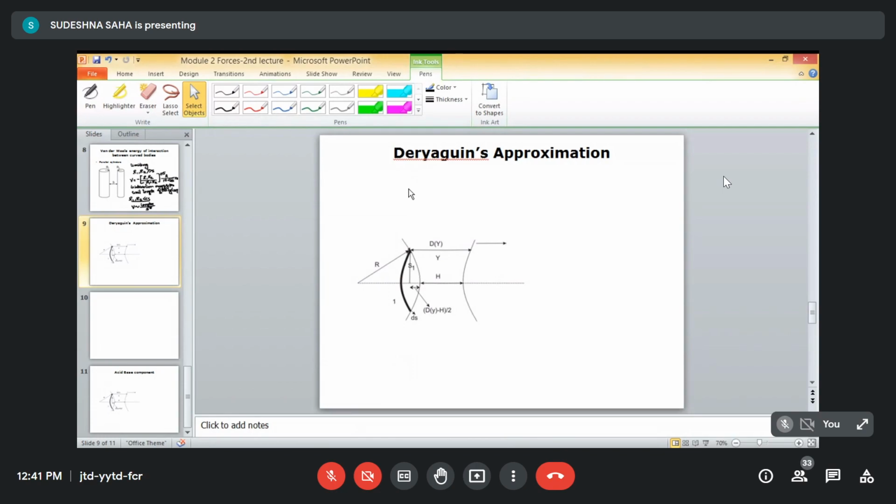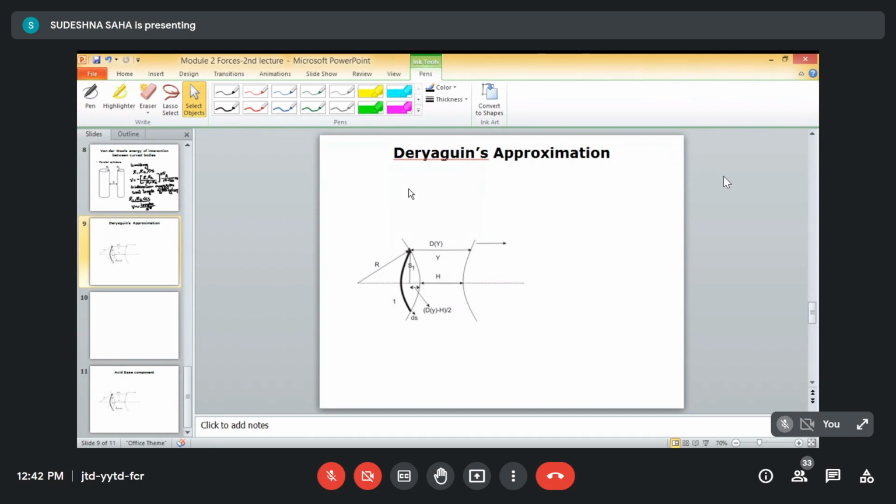In that case, the radius of curvature of the particles can be taken as very large compared to the separation distance, because the diameter of the particle will be much larger than the separation.